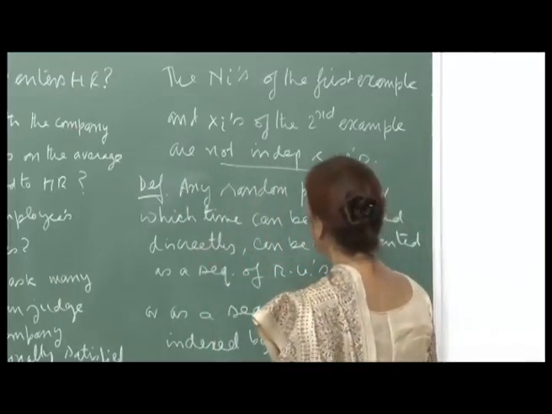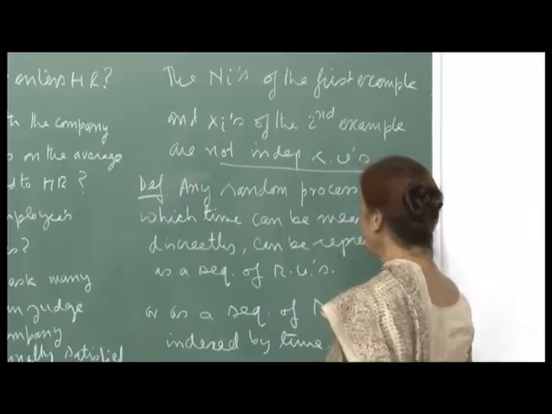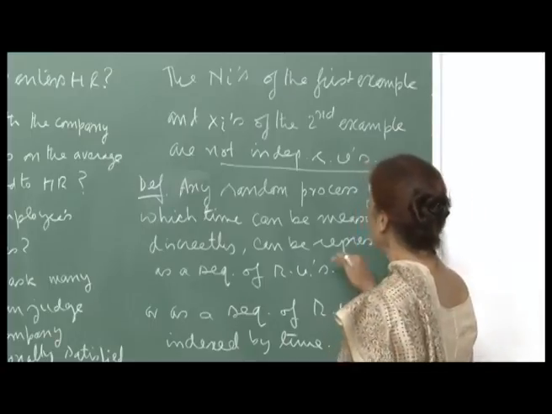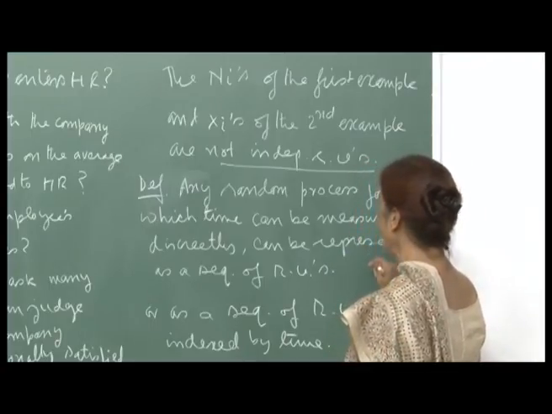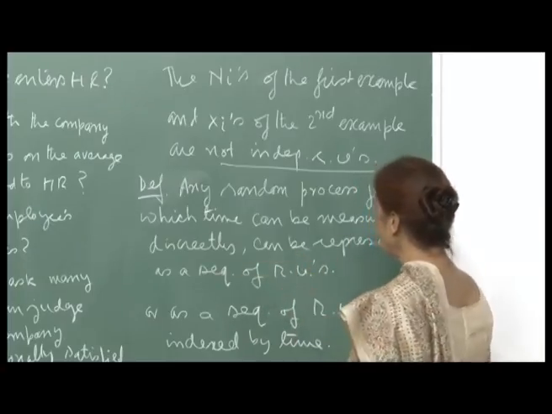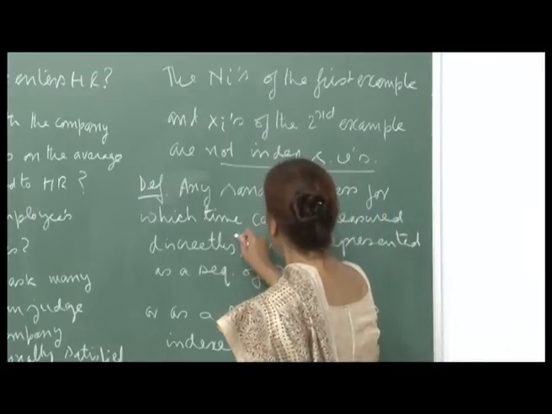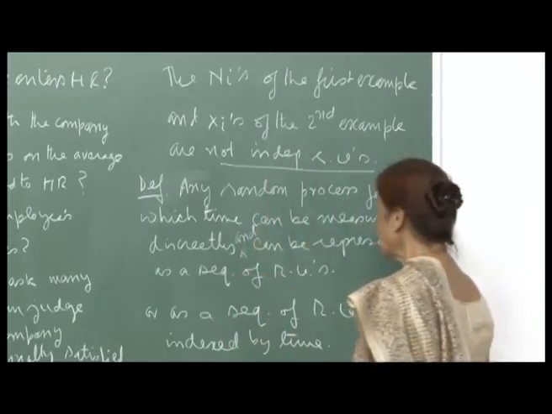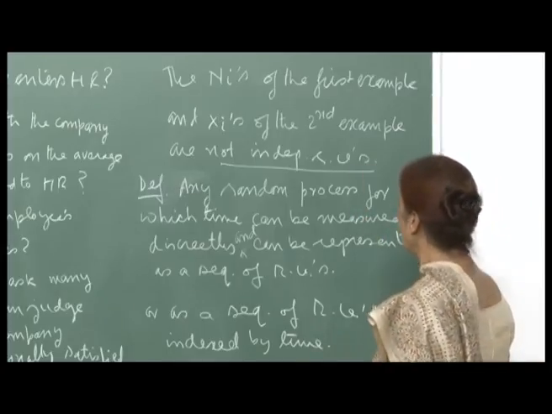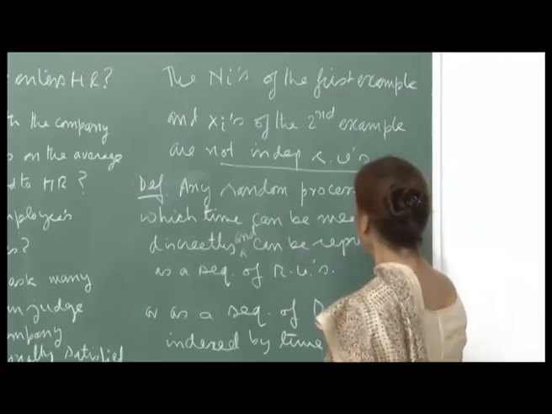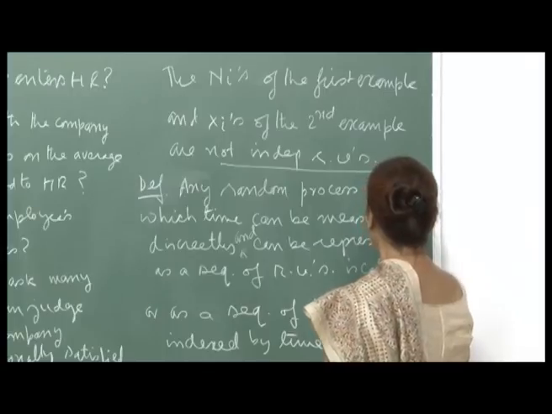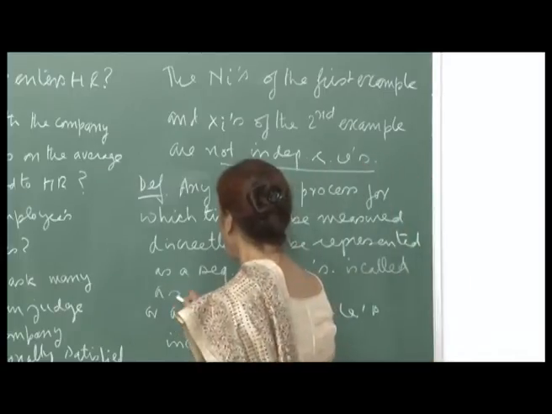So now we will attempt to define a stochastic process, right, after these two examples. Any random process for which time can be measured discretely and can be represented as a sequence of random variables, I will call it a random process, or a stochastic process.